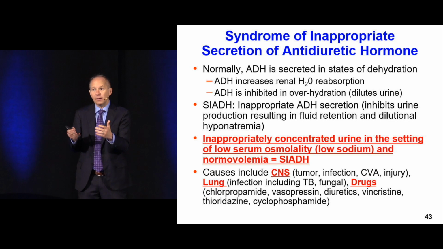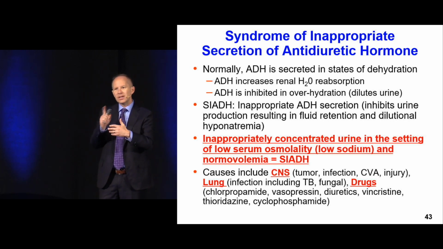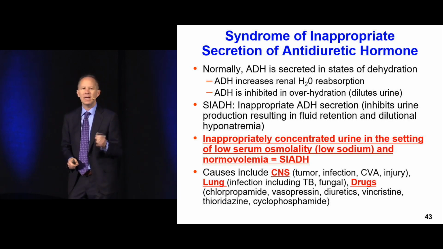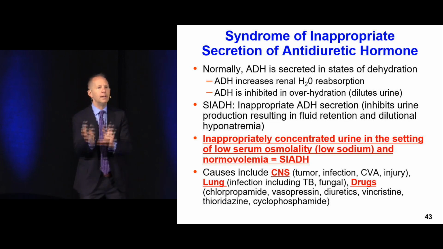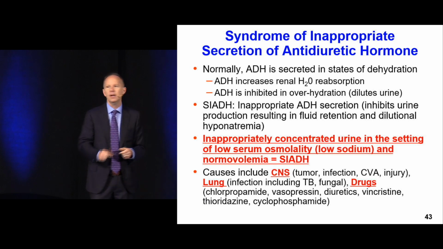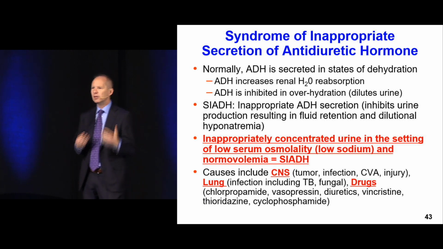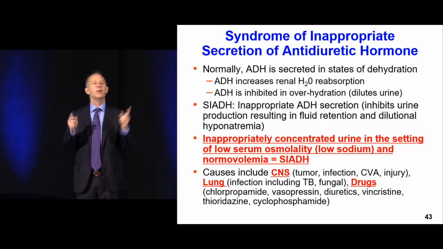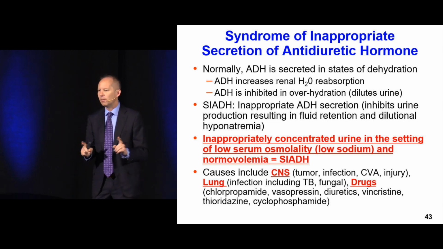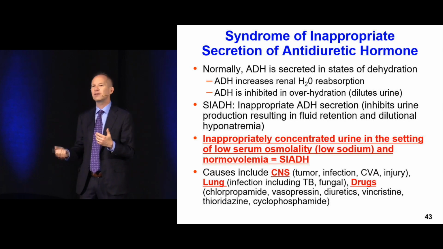Now again, in a normal state, when your serum is really dilute, your urine would look dilute. But in this state, it's the opposite. It looks really, really concentrated, because the ADH is telling the kidney, pull all the fluid into the blood, but don't put it into the urine. It's messed things up. So you have a dilute serum with a low serum sodium because you're holding on to fluids, but then you look at your urine and it's very concentrated.